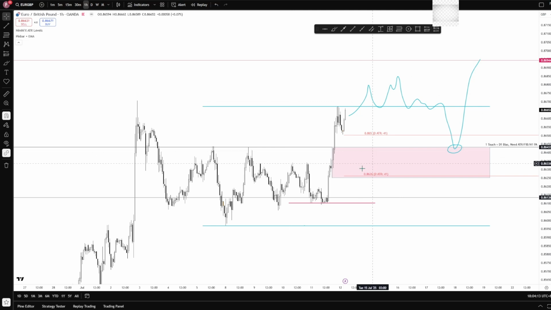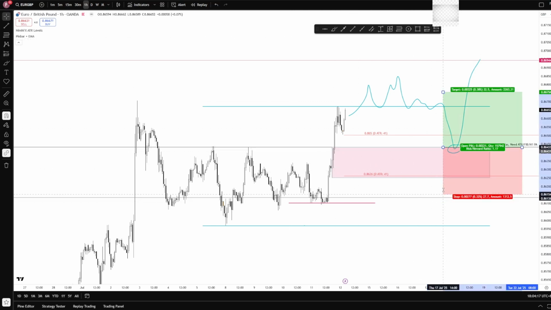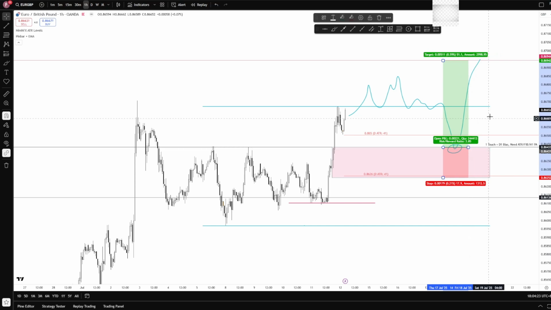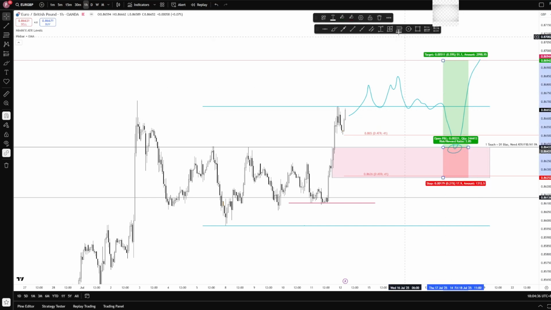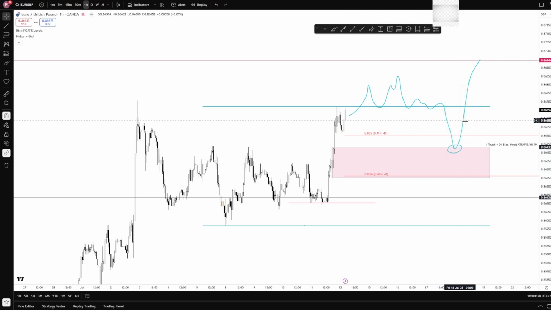I'm interested in playing a long position towards my target because of the daily bias. When I have a daily bias, my target tends to be a daily high or low, so my take profit level will usually be more of a swing trade instead of a day trade. Let's see if we can get some price action for the upcoming week.